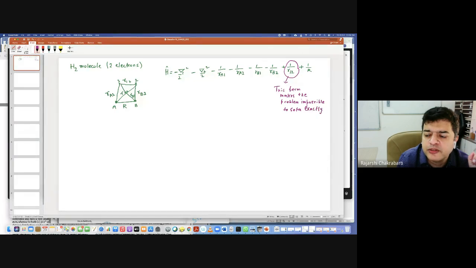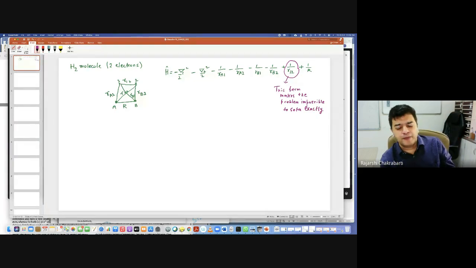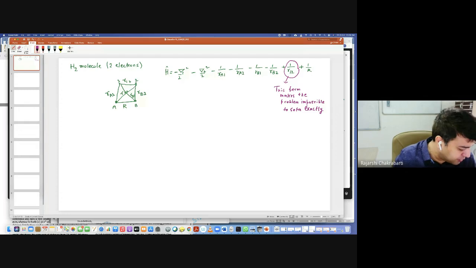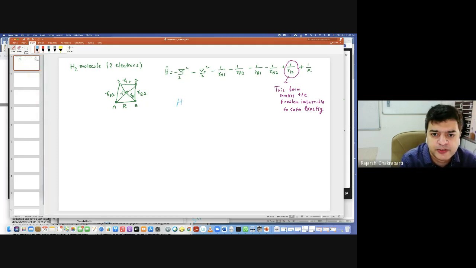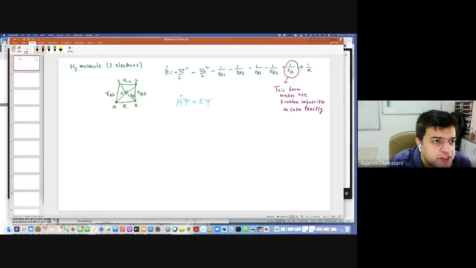You can solve it numerically, or you can adopt a technique like variation or perturbation. So we'll talk about variation here. What is the equation I want to solve? This equation is your eigenvalue equation. This operates on this, gives you this. Now tell me, what could be the trial wave function?